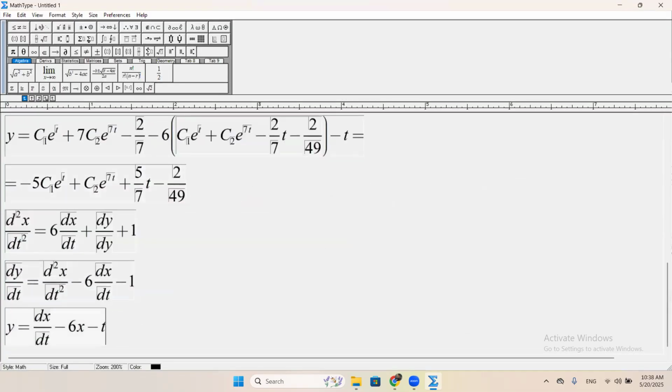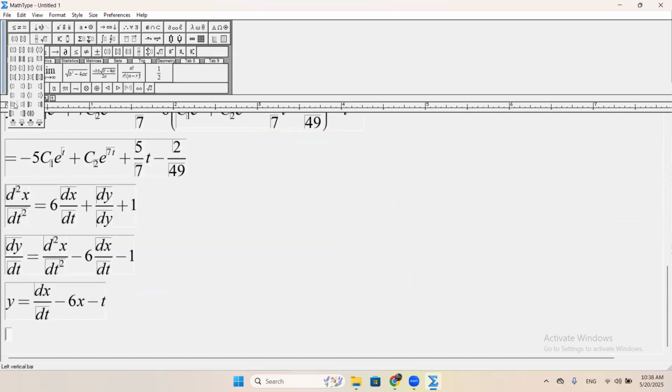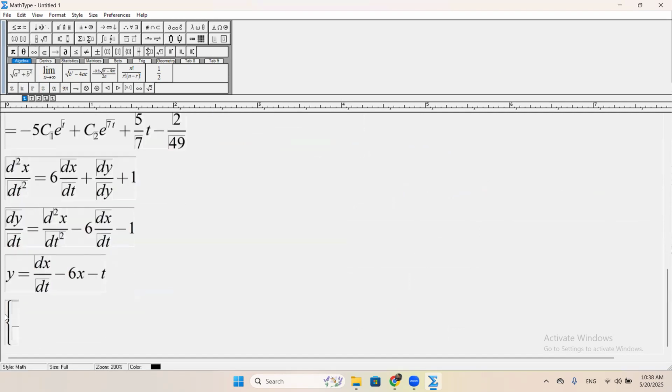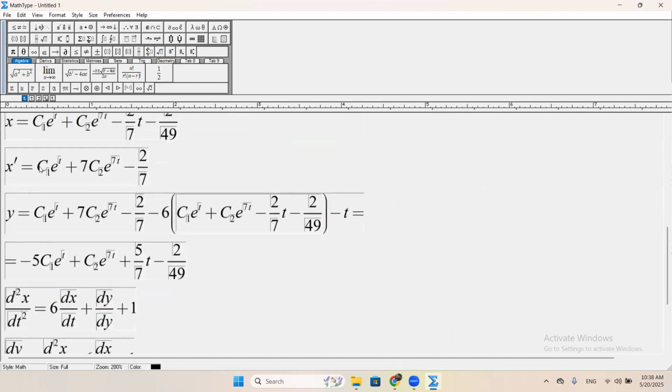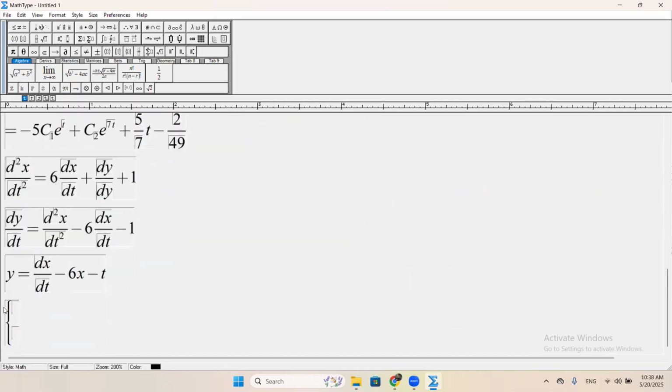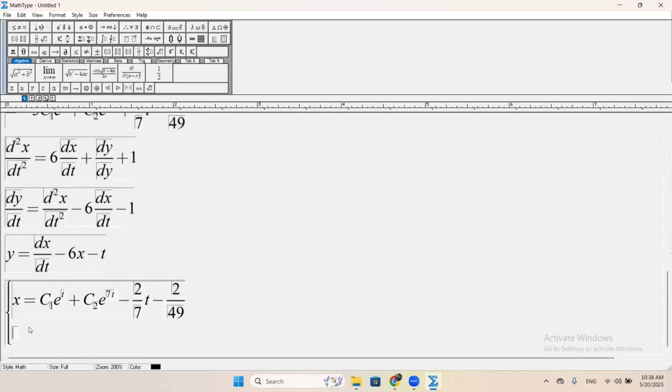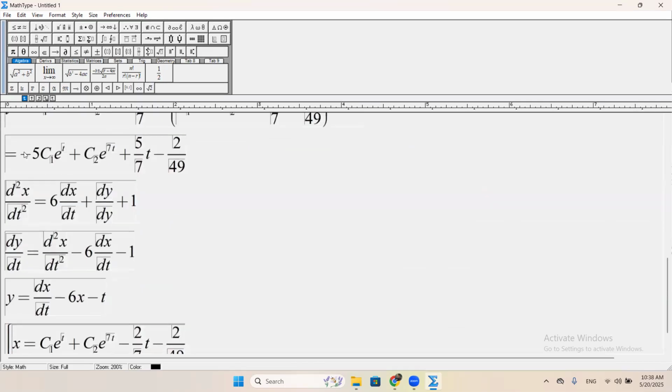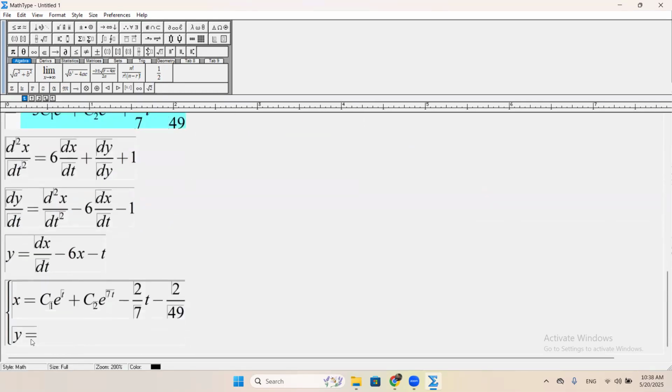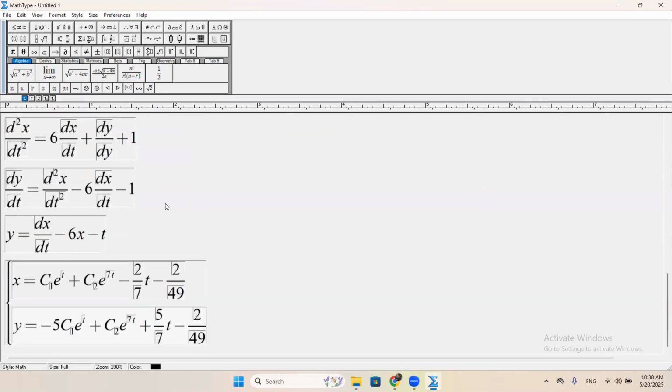So the general solution will be the following: x equals this expression, and y equals this expression. So we found the solution. Any questions about this exercise?